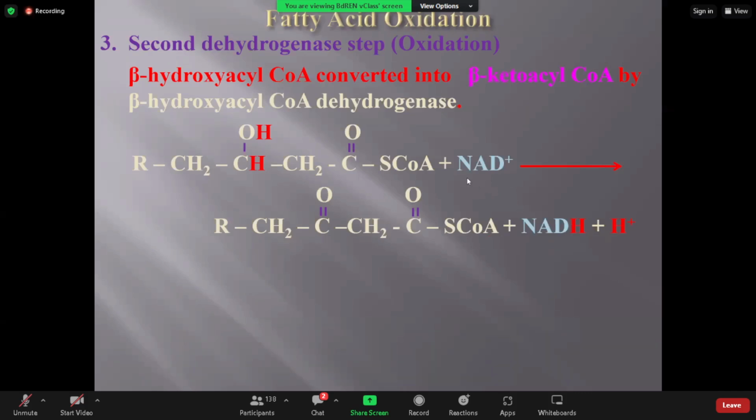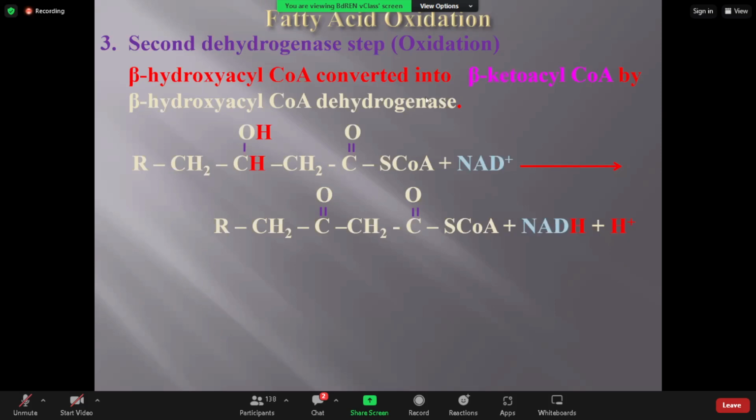This NAD is a specific electron acceptor, because in our previous dehydrogenase step we observed that FAD accepts 2 electrons from different carbons, but here the 2 electrons are provided by only 1 carbon. So the electrostatic potential should be so high in the electron acceptor, where NAD has the capability to get these electrons from a single carbon. For this reason, these 2 hydrogens are linked with NAD and produce NADH plus hydrogen.